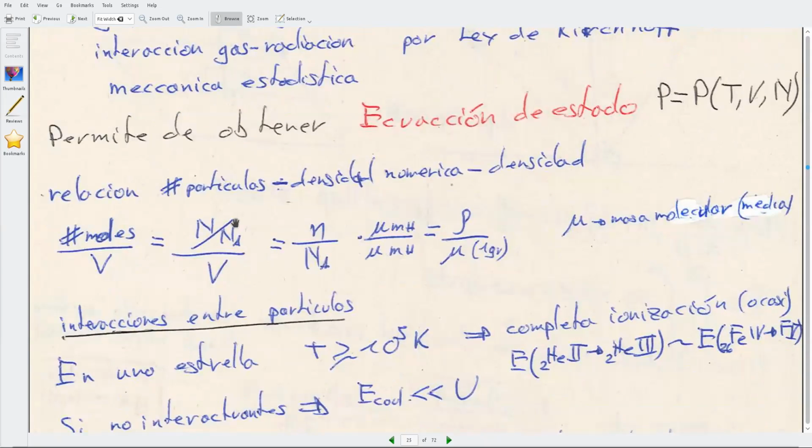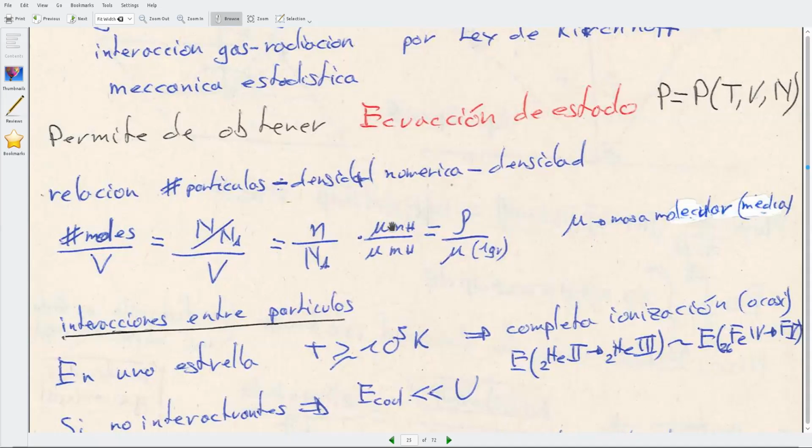Usually with the perfect gas equation of state, at the beginning it was defined with the number of moles: PV equals nRT, the number of moles, the real gas constant, and temperature. But this is more in chemistry. In physics, you prefer to change it a little. The number of moles is just N divided by the Avogadro number, and N divided by volume is the numerical density.